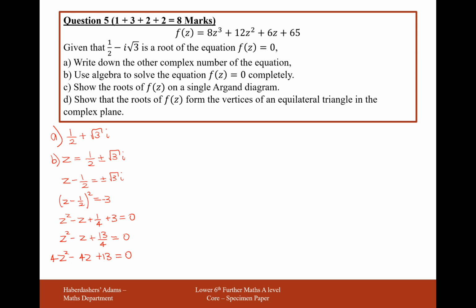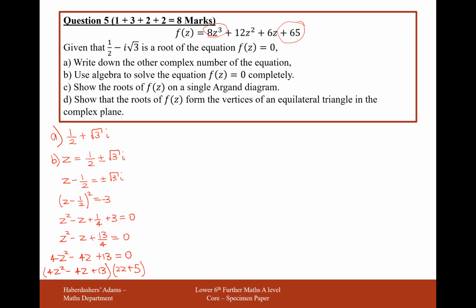Now I need to think what's the other root going to be. Well, if I've got 4z squared minus 4z plus 13 and then need a third factor here that will then expand my brackets to give me this, I can see I've got an 8z cubed, so I probably need a 2z at the front of this. And if I've got a 13 at the end with a plus 65 here, I probably need a plus 5 here, so that when I expand my brackets I get plus 65.